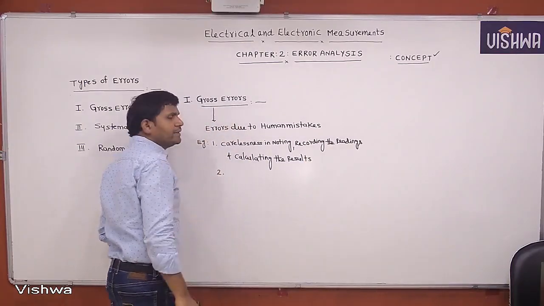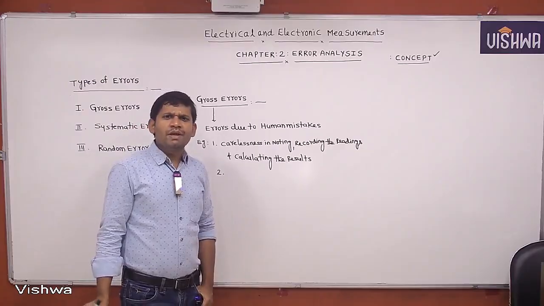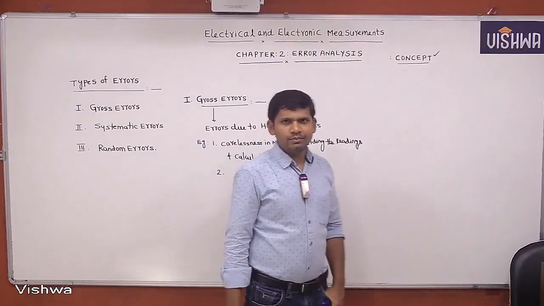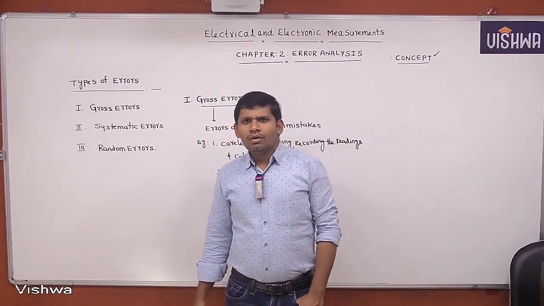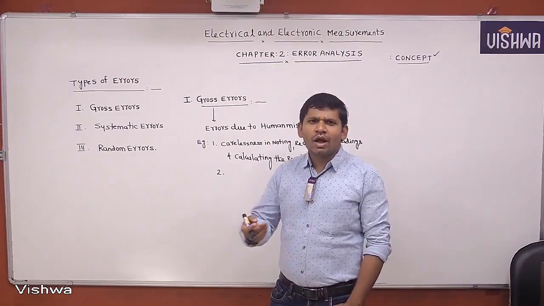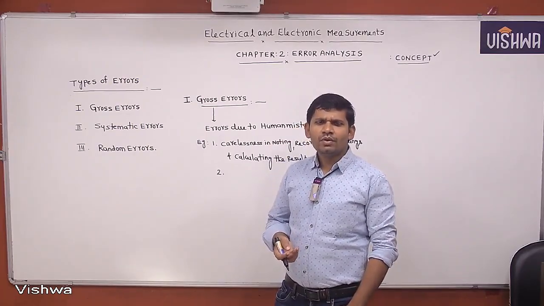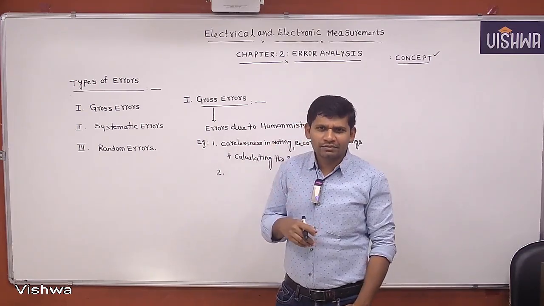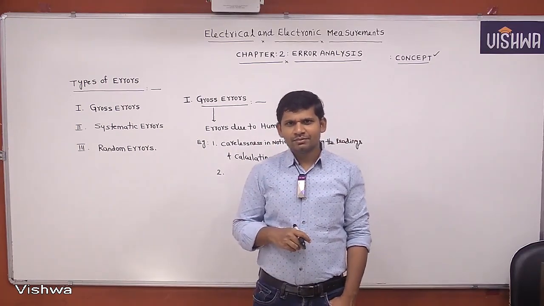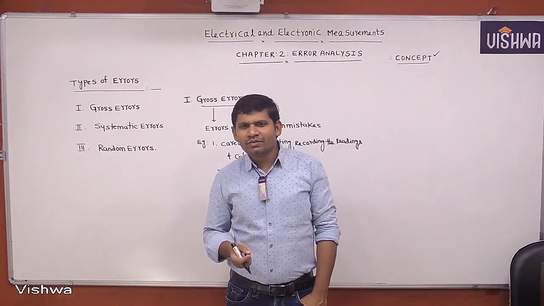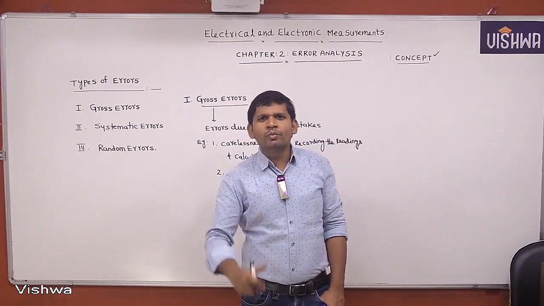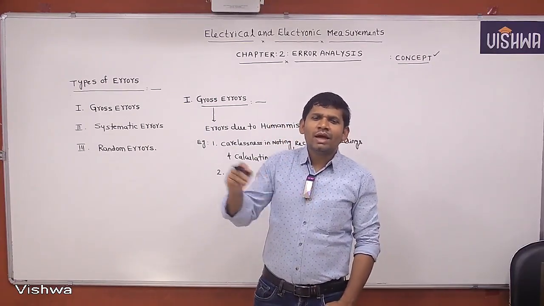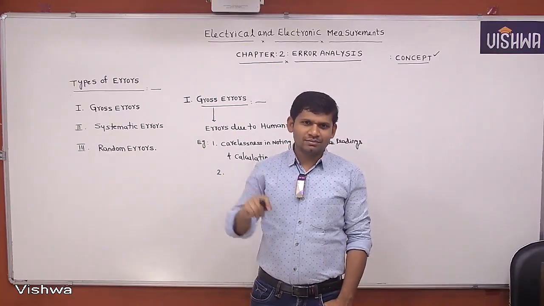Another example is an inexperienced user or wrong selection of meter range. What does that mean? To measure 40 volts, we are connecting a 600 volt voltmeter. That is meaningless. For measurement of 40 volts, a 50 volt voltmeter is the best selection. To measure 1 ampere current, we are connecting a 10 ampere ammeter.